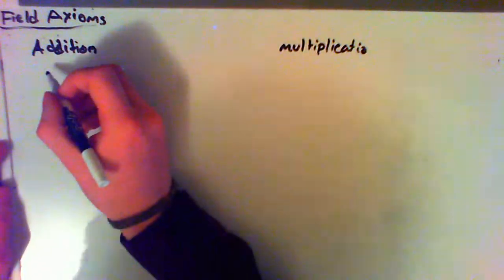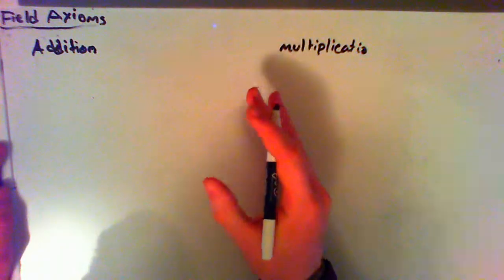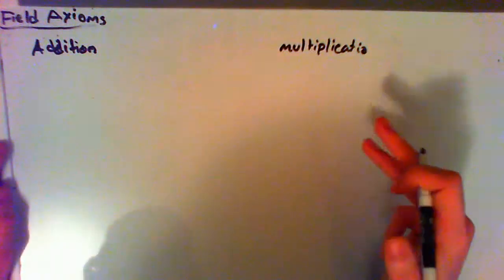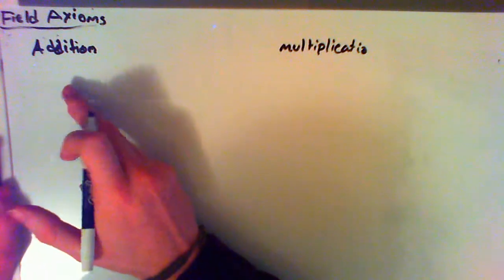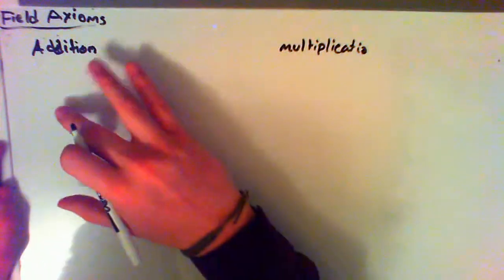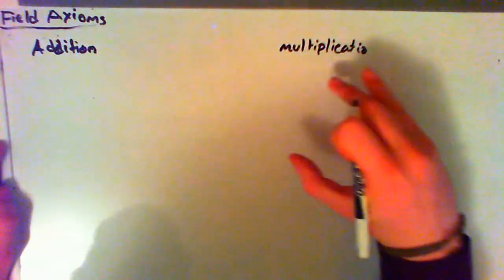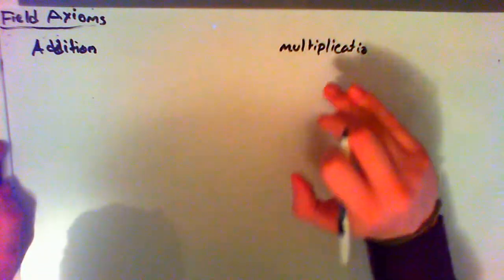There are 9 field axioms. One of them is common to both multiplication and addition, but there are 4 that are unique to addition, 4 that are unique to multiplication.